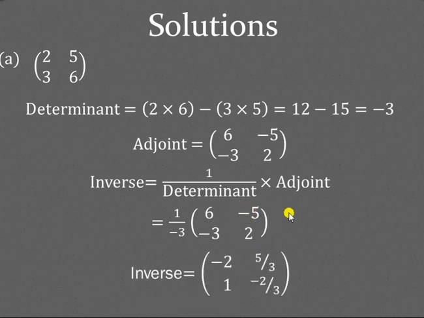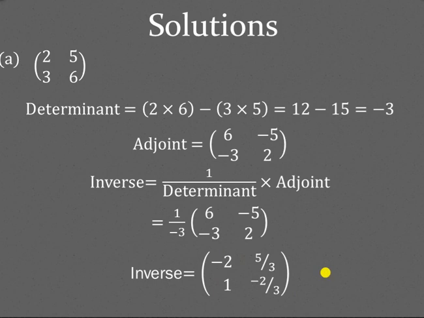Should you do so, you will surely come up with your inverse as this. Because -1/3 times 6 gives you -2. -5 times -1/3 will give you 5 out of 3. And -1/3 times 3 gives you +1. Then -1/3 times 2 gives you -2 out of 3. So that is simply the concept.